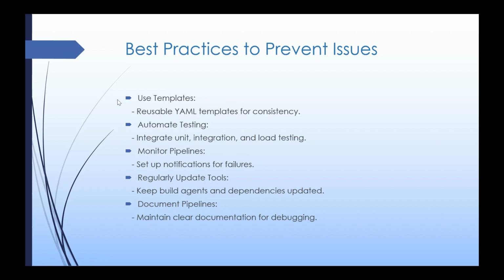You just supply the variables and use the same template. This way you will be able to minimize your pipeline errors. Even if you are not using a template and you are just copy pasting the same thing again and again in each pipeline, that is not a good practice, and that is also error prone.